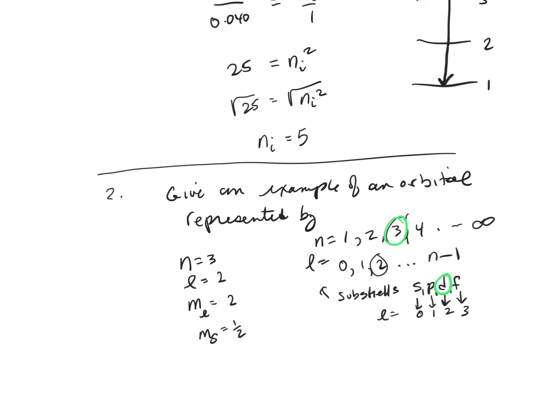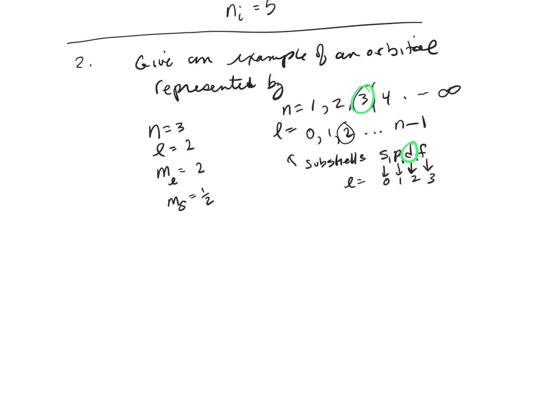Now we want to specify which orbital it is. So we're going to take the value for M sub L, take the value of 2 here, and you go 2, negative 2, and then all integer values in between. So 2, 1, 0, negative 1, and negative 2 would be the 5 orbitals.